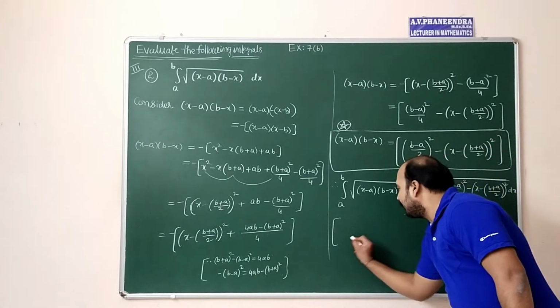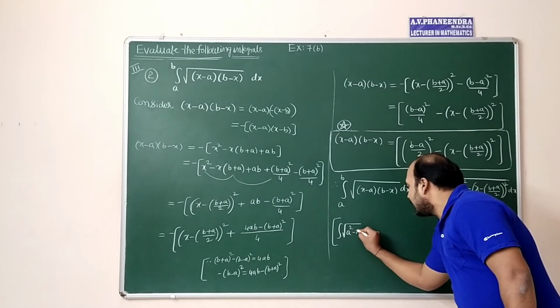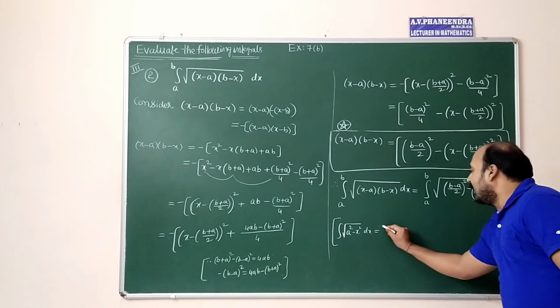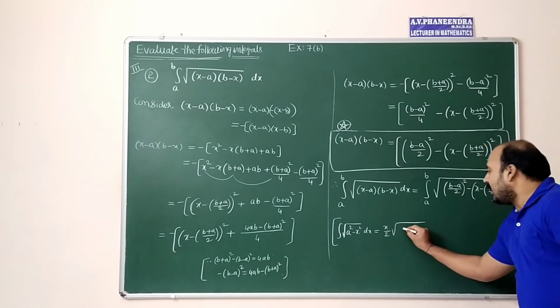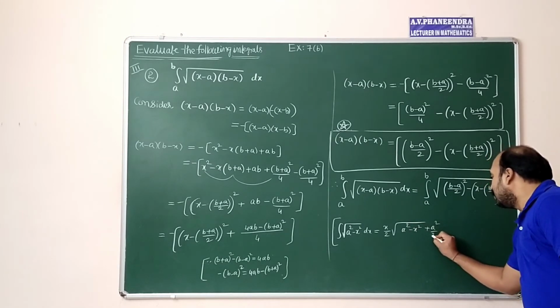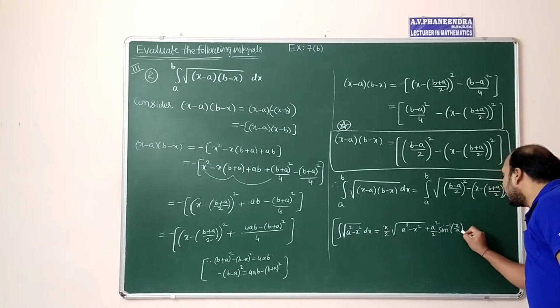We have the formula: integral square root of a square minus x square dx is equal to x by 2 into square root of a square minus x square plus a square by 2 into sine inverse x by a plus c.